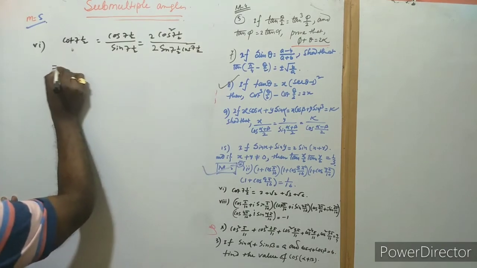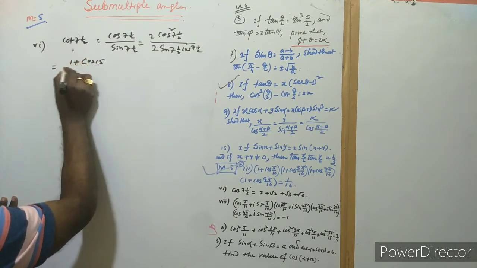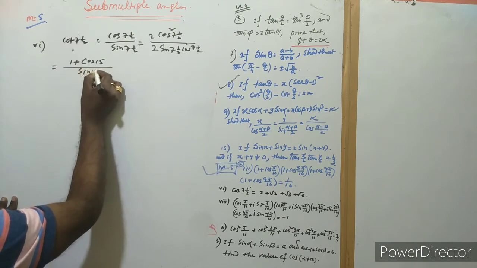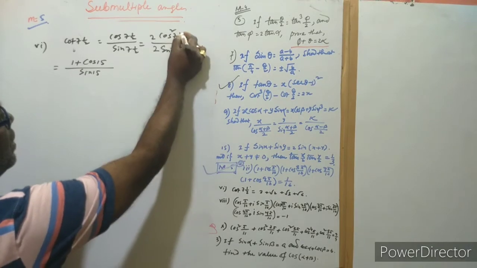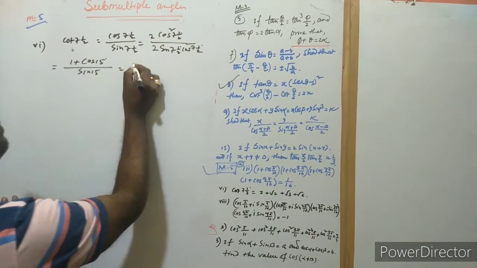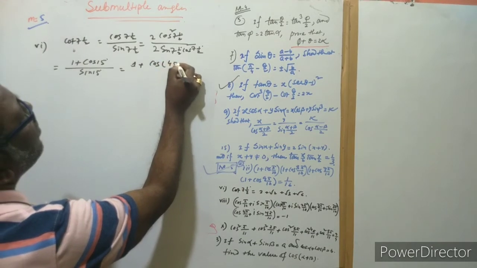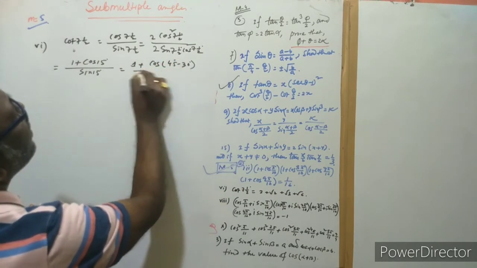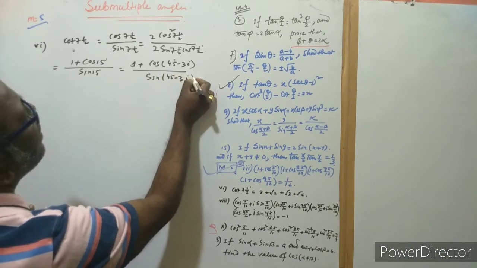This becomes 2 cos square theta, which is 1 plus cos 15, and 2 sine theta cos theta is sine 2 theta, sine 15. These are all in degrees. So you can write cos 15 as cos of 45 minus 30 degrees, and sine 15 as sine of 45 minus 30 degrees.